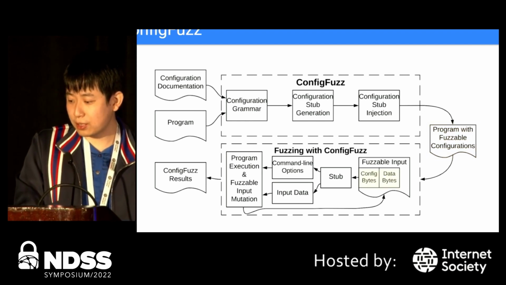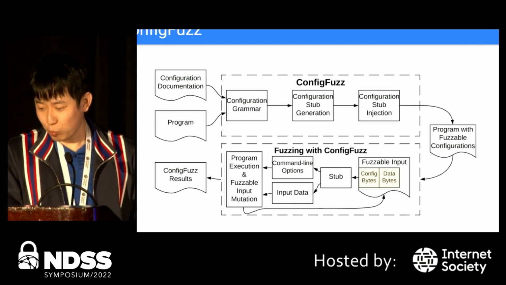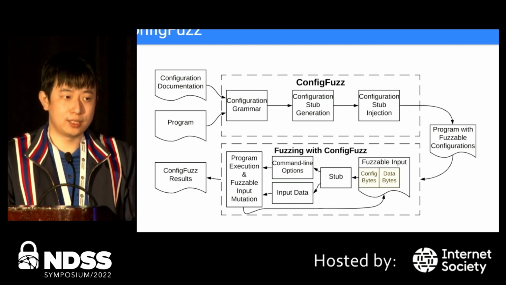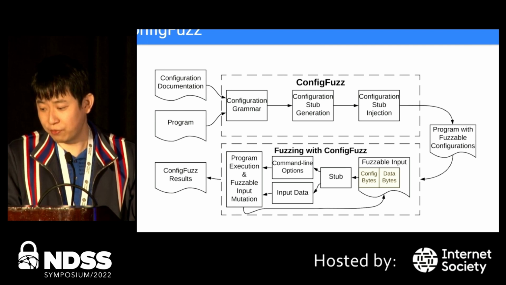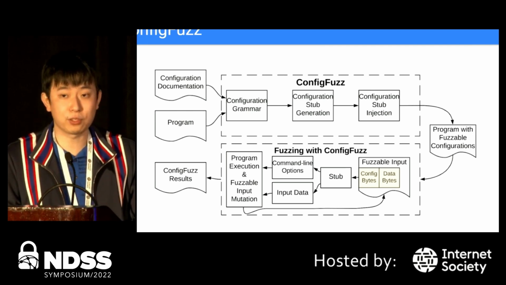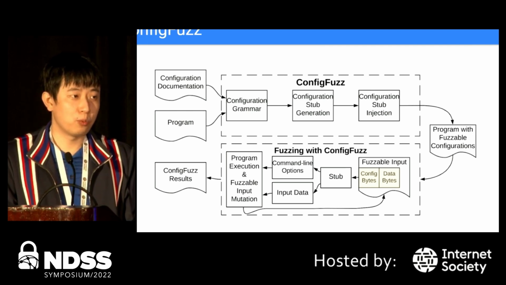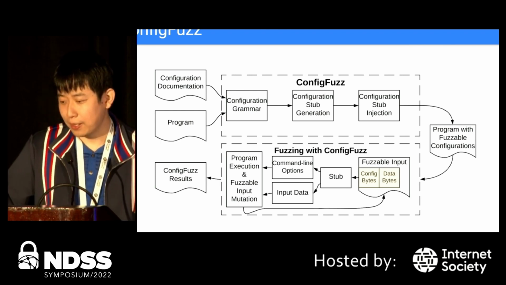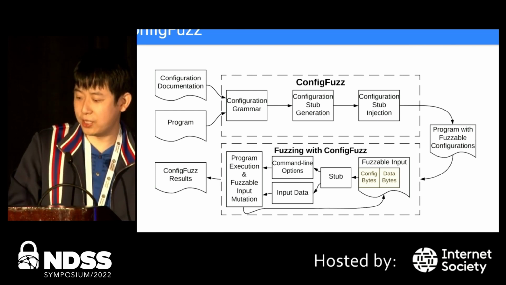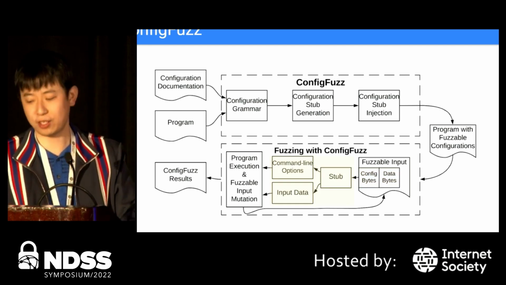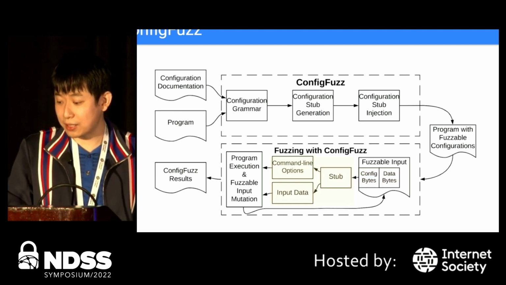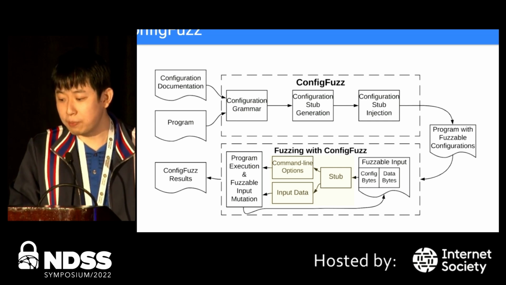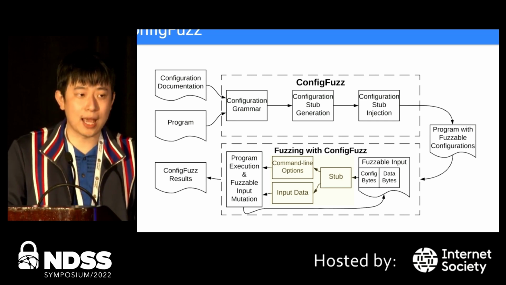When we use the fuzzer to fuzz this program, the fuzzable input is divided into two parts, the config bytes, where we encode the configurations, and the data bytes, where we hold the input data for fuzzing. The configuration stub we generated into the program's main function has the functionality to parse the fuzzable input into command line options and input data.